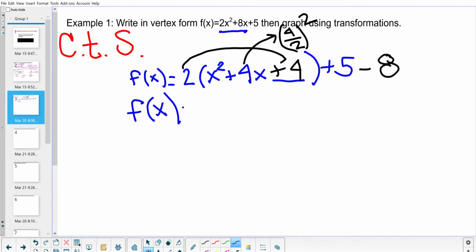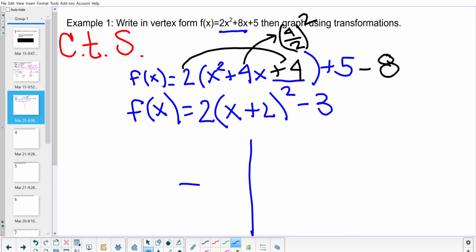So then this would be 2 times, if you factor this, x plus 2 squared, and then minus 3. Okay, so then to graph this using transformations, the vertex, now this is where it's kind of tricky, the vertex is h comma k.